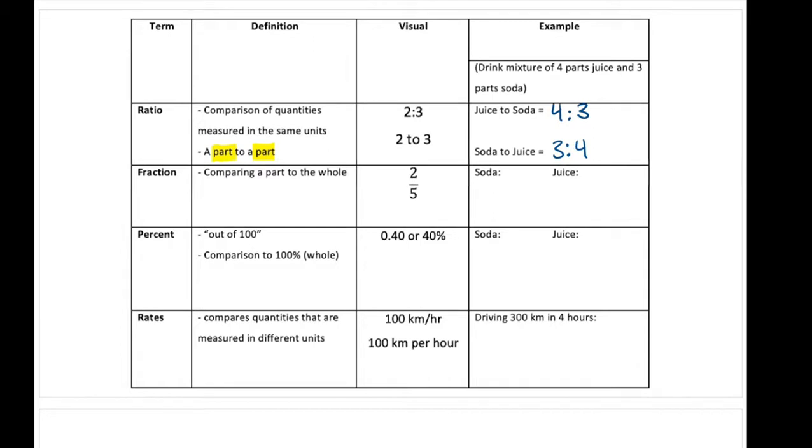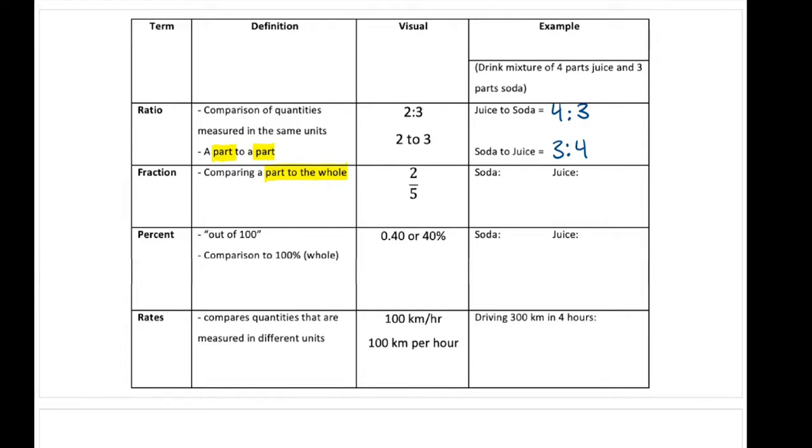In a fraction, what we're doing is we're comparing a part to the whole. So it's still in the same units, but we're comparing a part to the whole. We've dealt with fractions in the previous lesson, but here we can see 2 over 5. That's a fraction: 2 parts, and in the whole, there's 5. So in total, there's 5 parts.